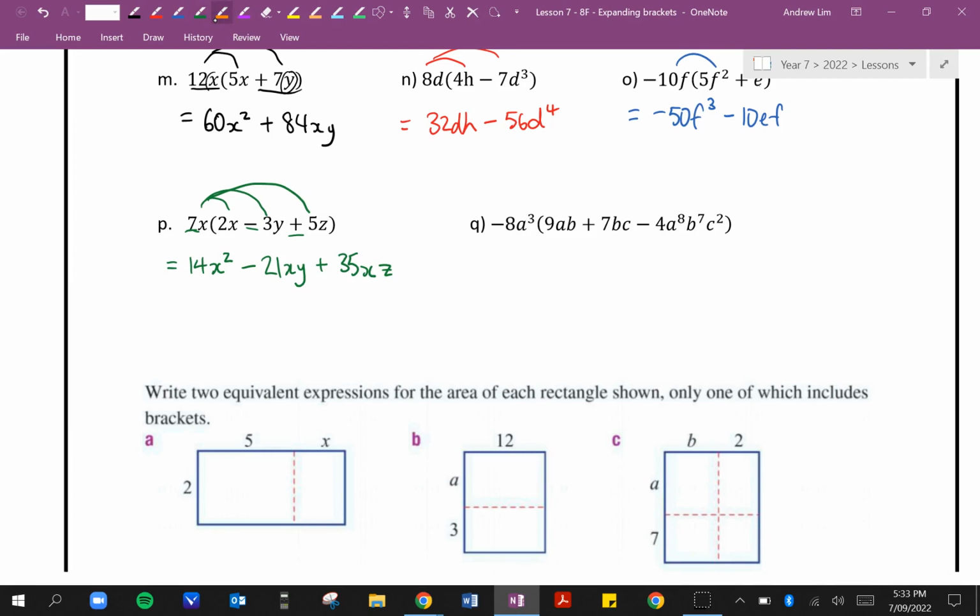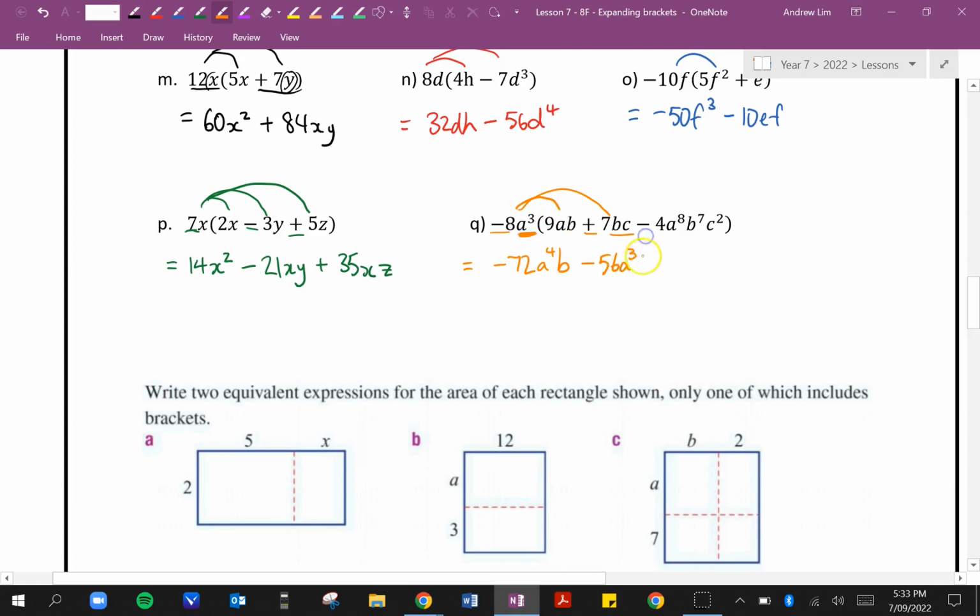Question Q. Negative 8 times positive 9. That's equal to negative 72. A cubed times a is a to the power 4 plus a b. Alright, negative times positive is negative. 8 times 7 is 56. We've got our a cubed.